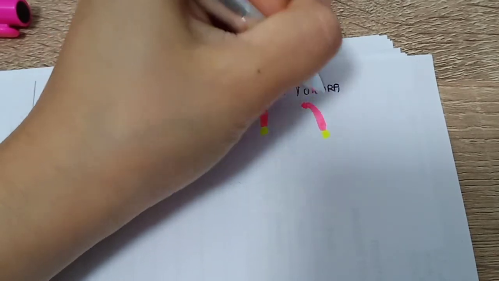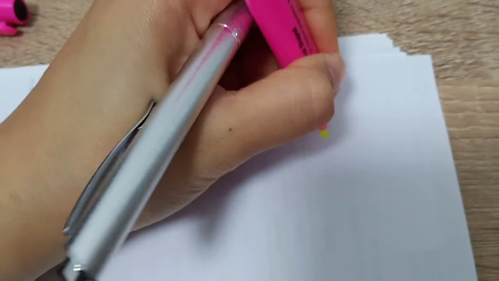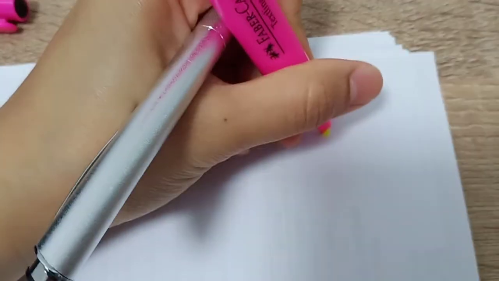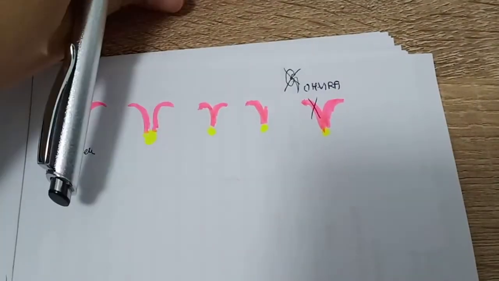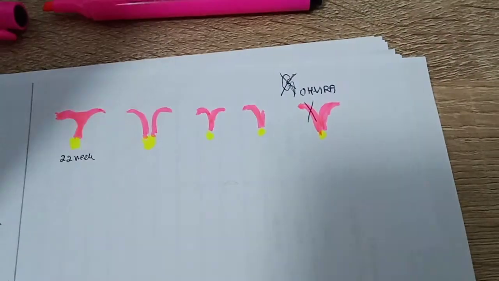So we have only one side of the tubes with the obstructed hemivagina here and ipsilateral renal agenesis.